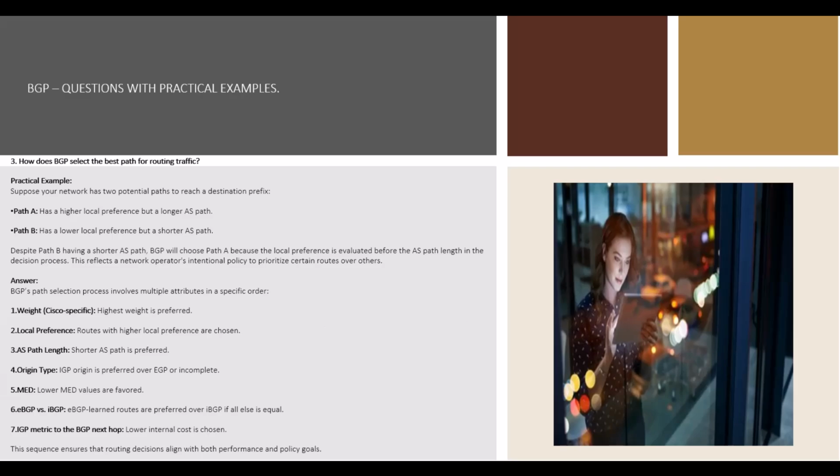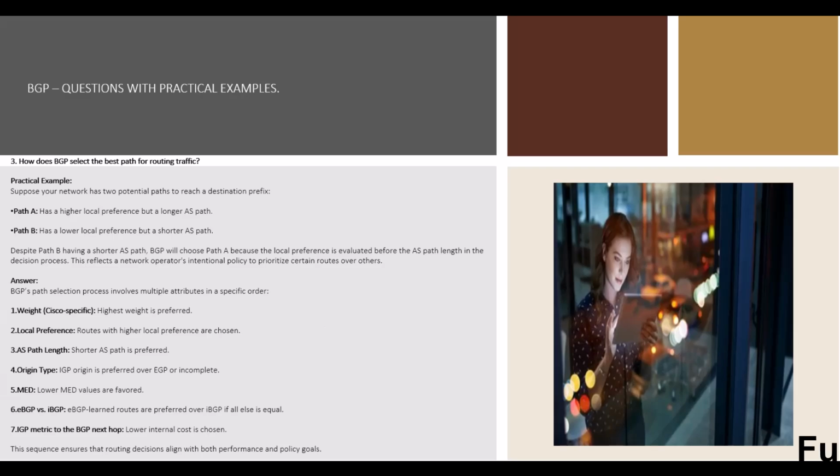And MED: lower MED values are favored. Then eBGP versus iBGP: eBGP learned routes are preferred over iBGP if all else is equal.